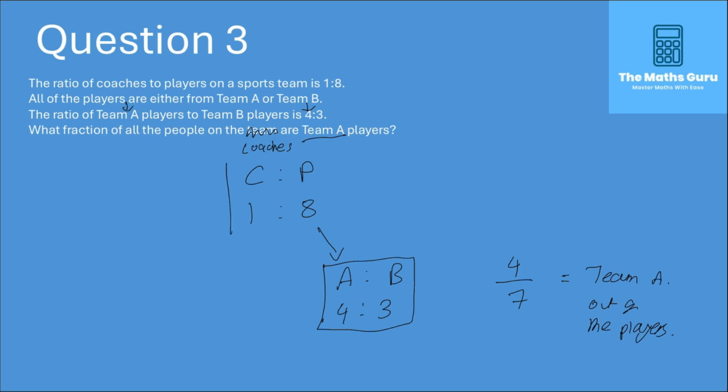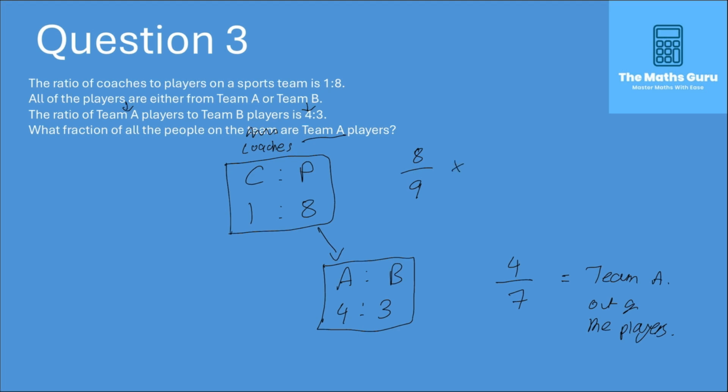So now we use this ratio here to work out the coach to player fractions. Out of this, 8/9, because the total number of parts is 9, so that's our denominator, and the players are 8 parts, that's our numerator. 8/9 is our fraction of the ratio for how many players compared to coaches there are on the bus.